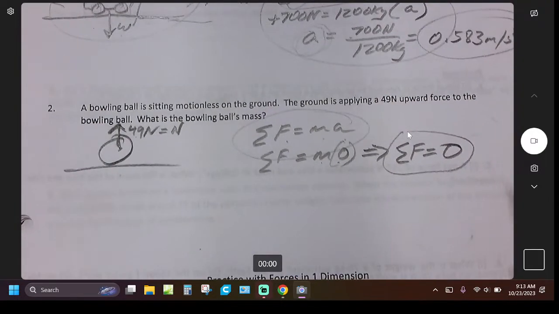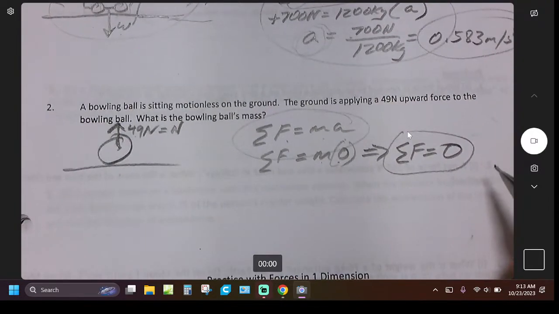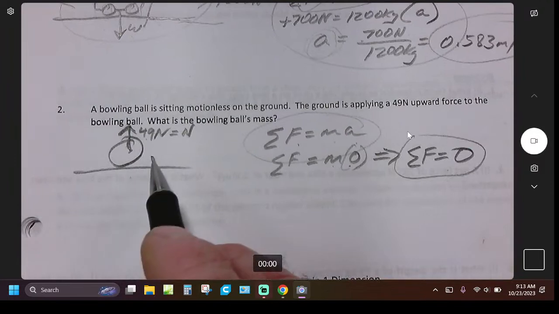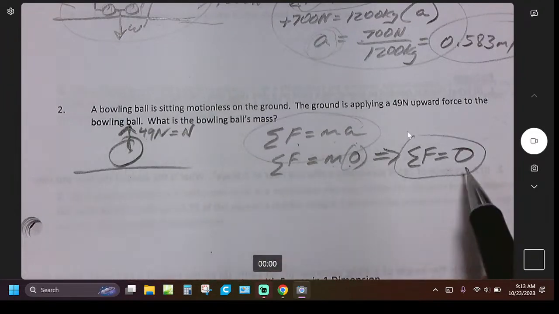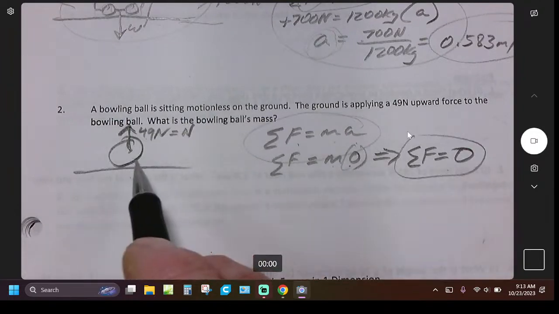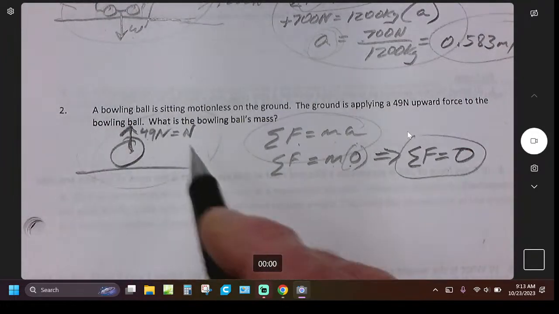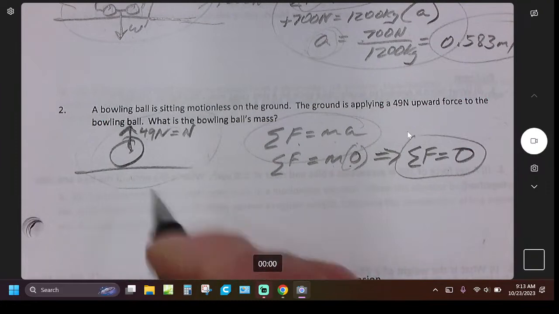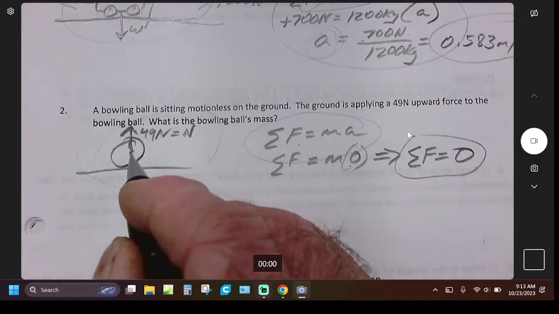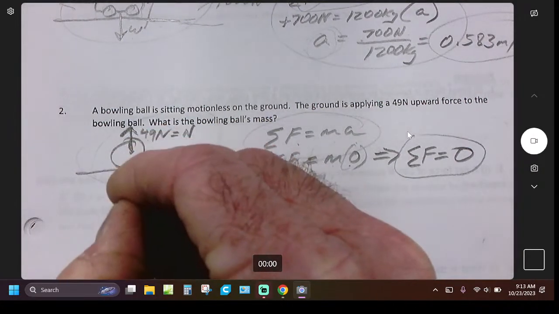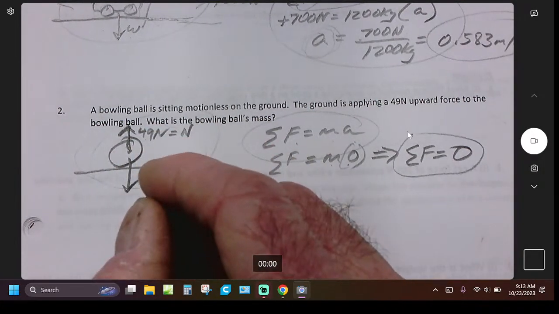So we have our first equation. When you look at this and there's one force and it says the net force is 0, there's clearly something wrong. We must be missing some forces. That would prompt you to go looking for the other force. In order for the net force to be 0, we need another force going which way? Down. And that would be the force of gravity.